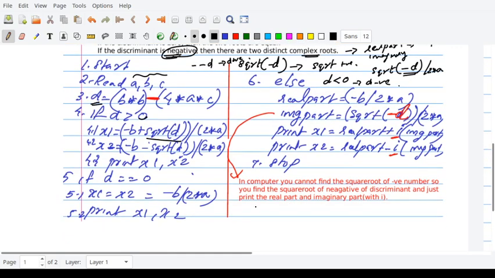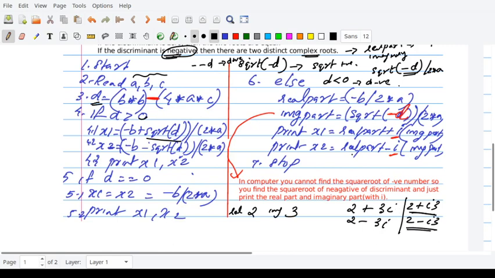Suppose your real part's value is 2 and your imaginary part's value is 3. So you have two roots. This is the real part, this is the imaginary part. It will appear as 2 plus 3i and 2 minus 3i, or in this algorithm it will appear as 2 plus i3 and 2 minus i3. These are the two roots that I have. In the computer you can just print this, you cannot calculate a value for this, you can just print this.